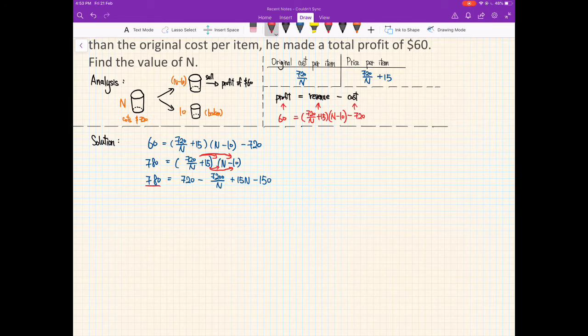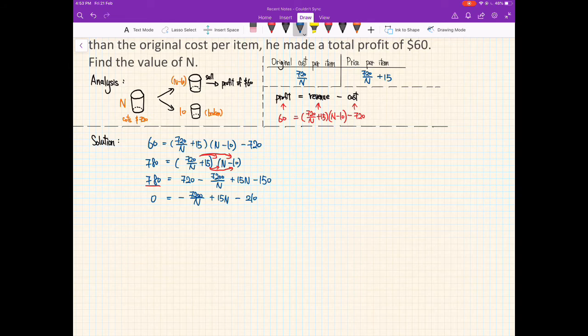Now let's move 780 to the right hand side and combine the like terms. We get 0 equals negative 7,200 over n plus 15n minus 210.